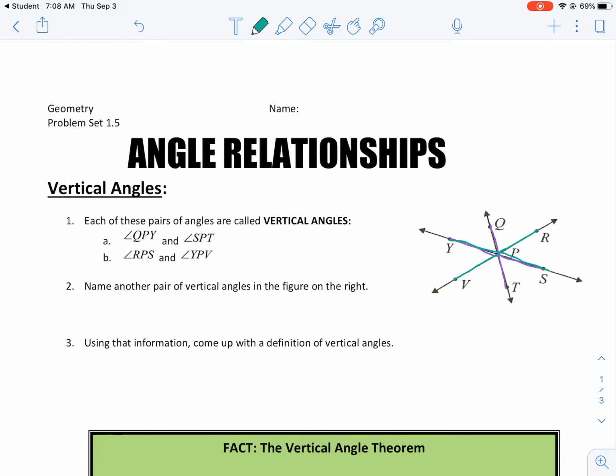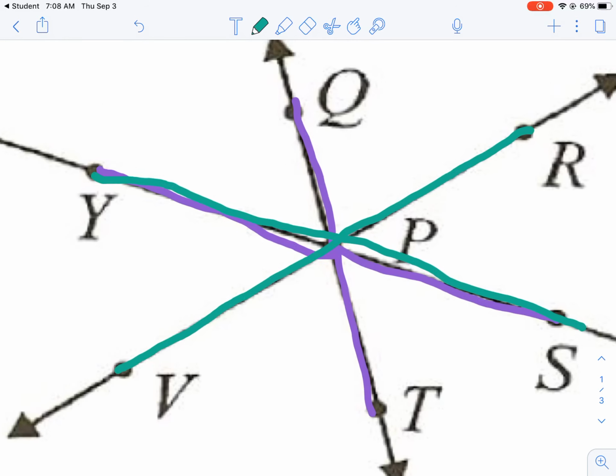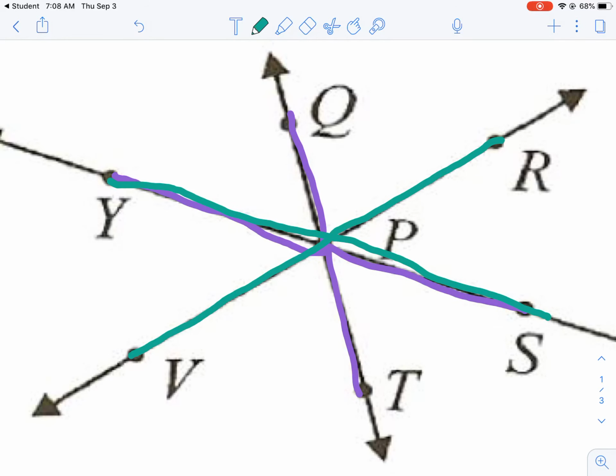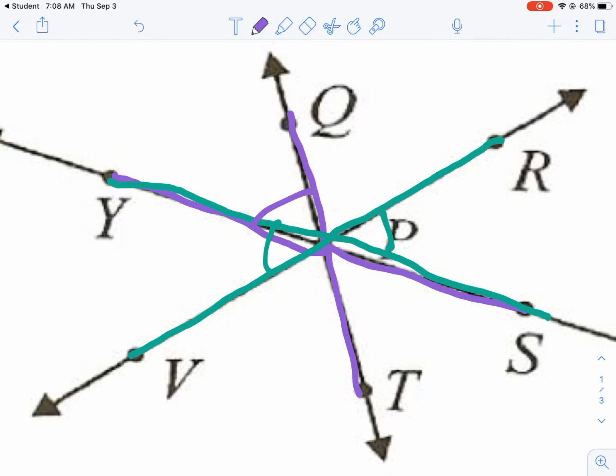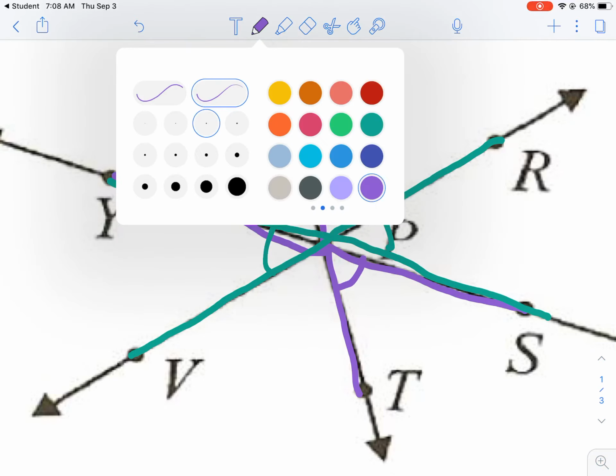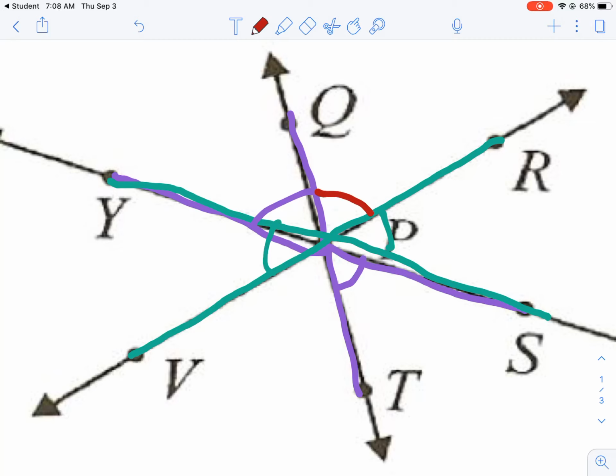Okay, so if we look, we have these two angles as vertical angles, and we have these two angles as vertical angles. So what angles haven't we used yet? We haven't used this angle or this angle.